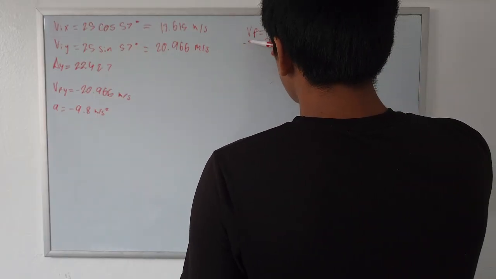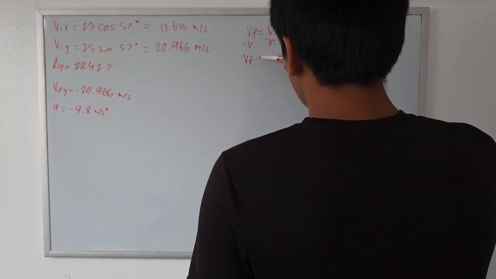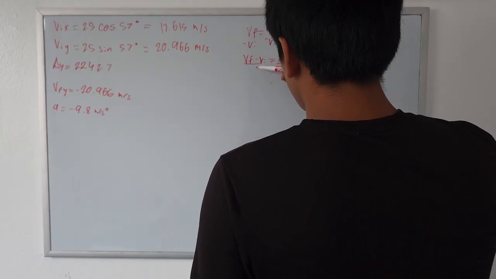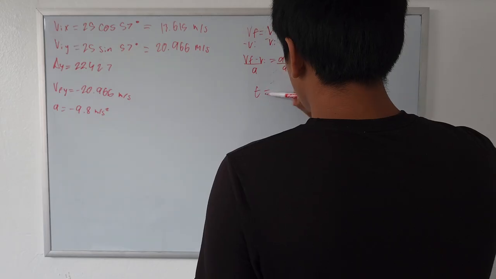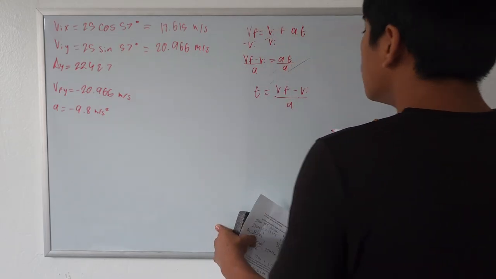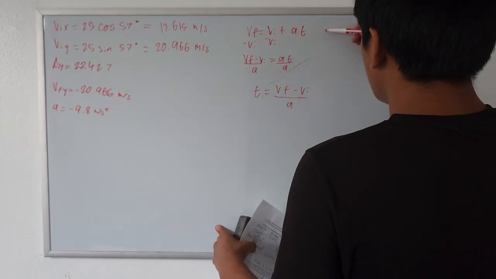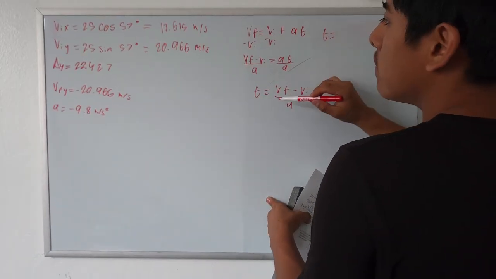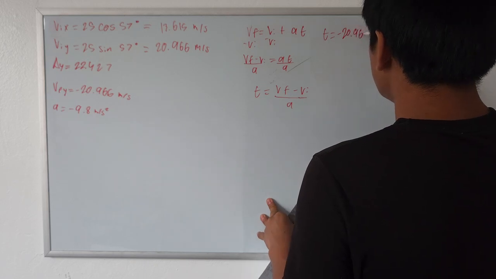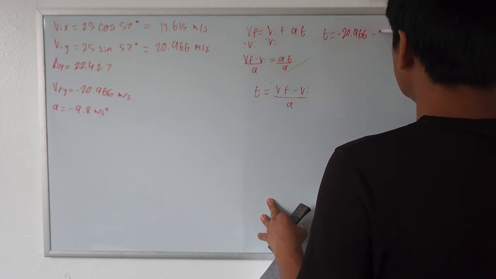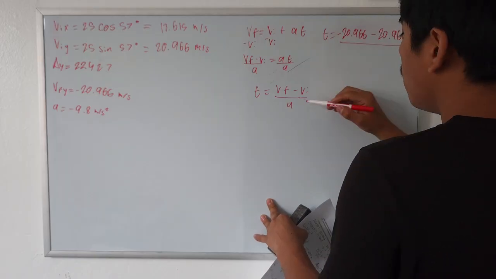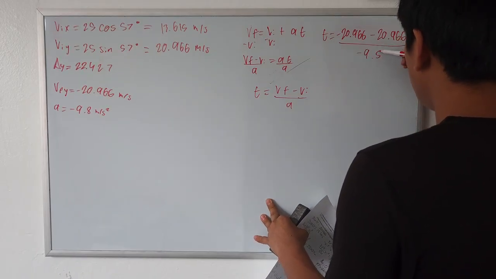So divide by acceleration. Now we get that time equals velocity final minus velocity initial over acceleration. And then plugging in all the variables that we have, time equals velocity final, which is negative 20.966, minus the initial, which is the same thing, just positive, over the acceleration, which is negative 9.8.